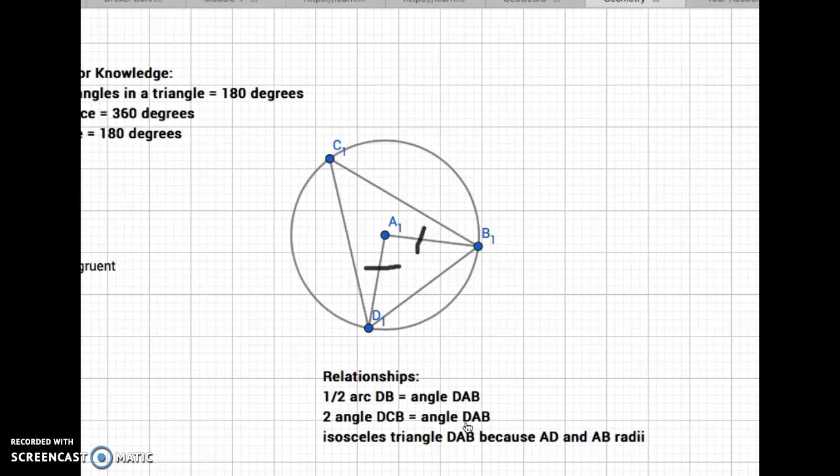Then they come up and tell me that the arc DB, angle BAD, and angle BCD have a relationship. That may be something they could experiment and explore with.